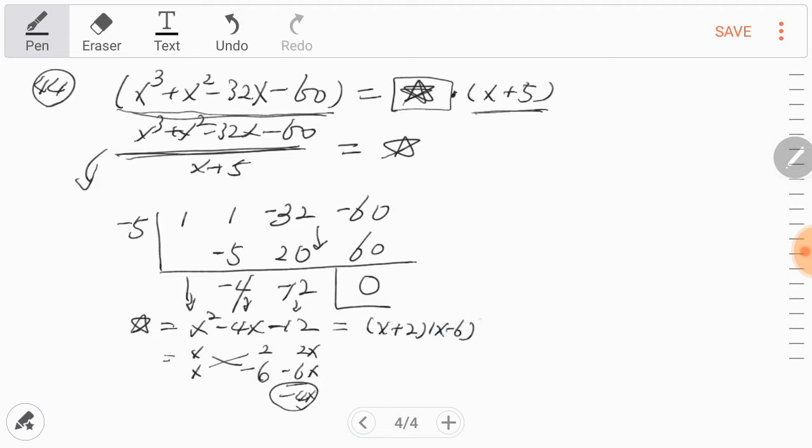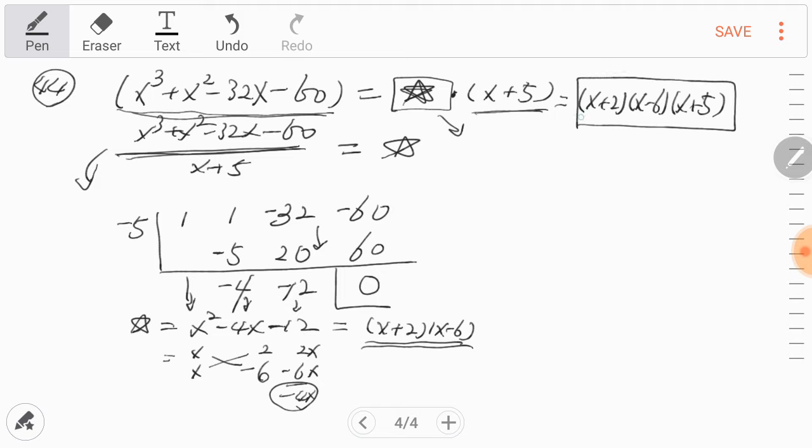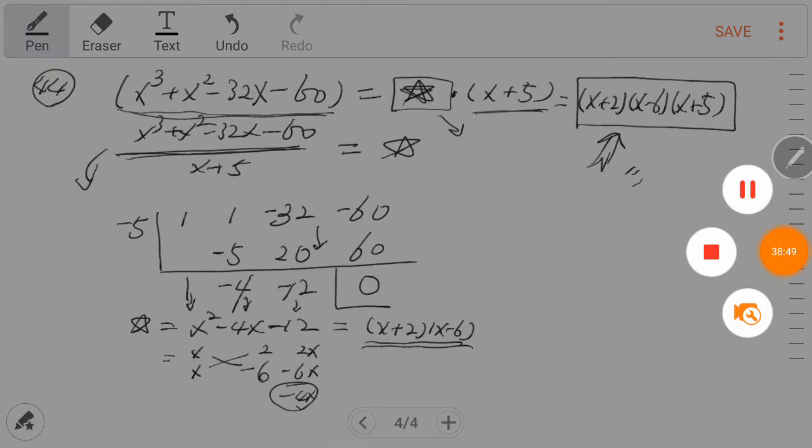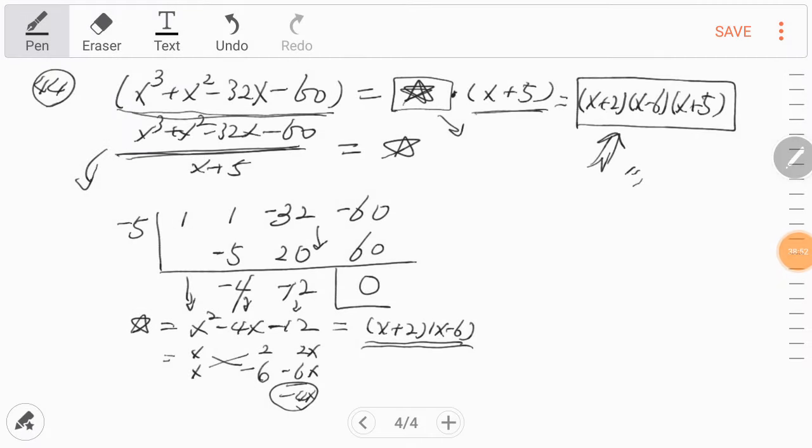Now we can replace the star with these two factors. So the result is x plus 2 times x minus 6 times x plus 5. This is the factored form of the expression.